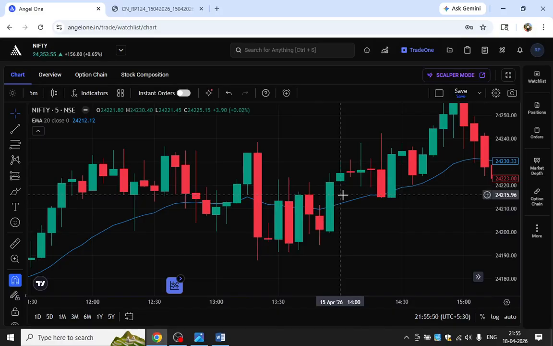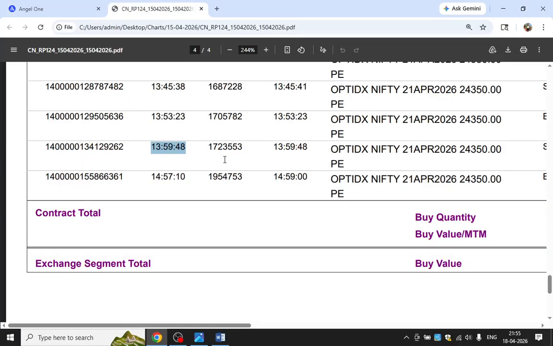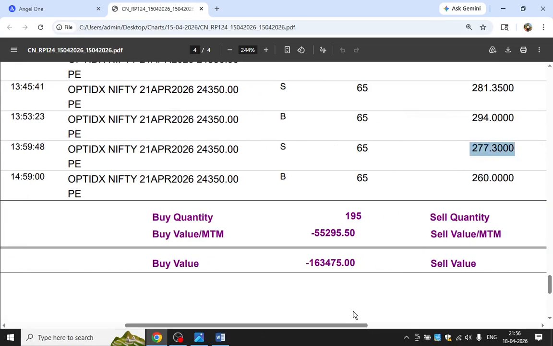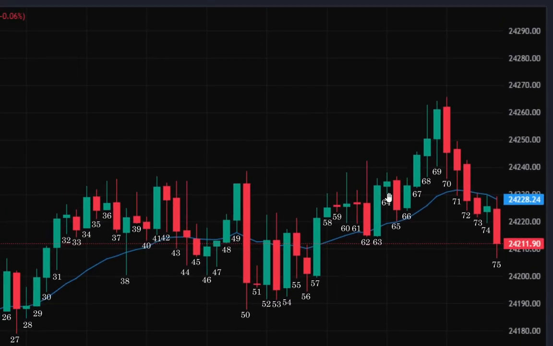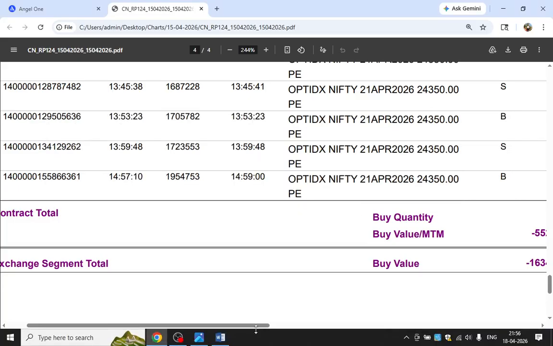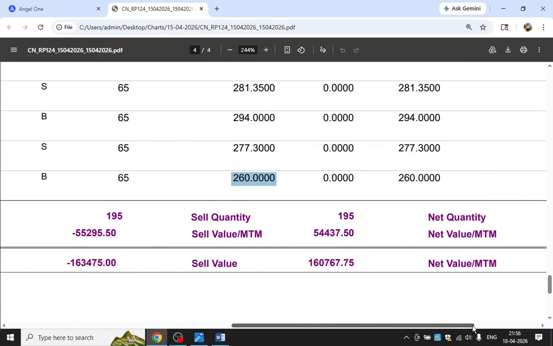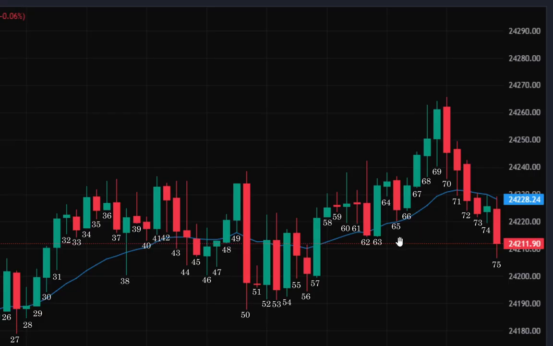Actually, I shouldn't have taken the bet, but I took it and sold one PE at around 277 rupees. It was not a good breakout at this point, and luckily I got out exactly at the high of this at 260, and I took a 17 rupees profit, but eventually I lost 2700 rupees.